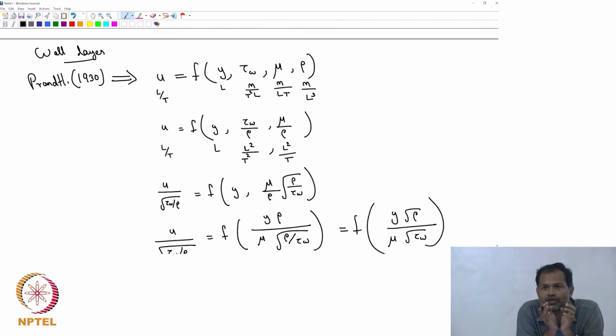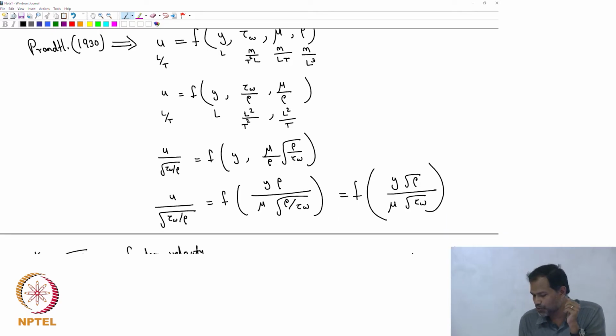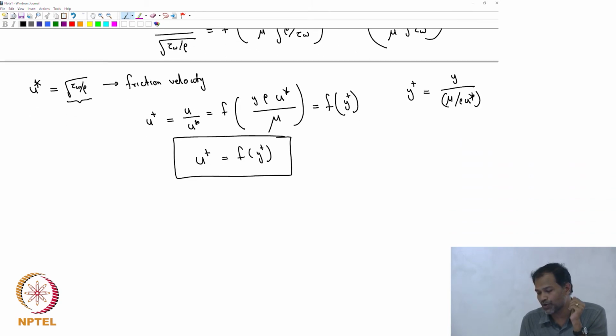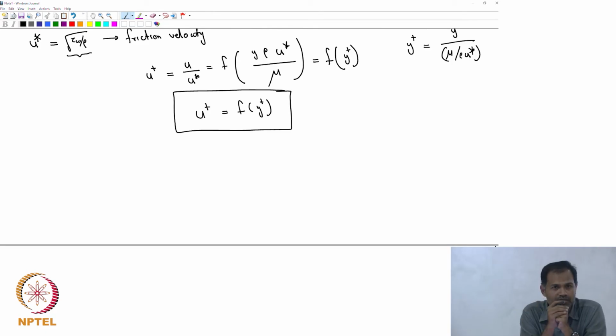We wrote down that equation, and when we write down something like that, the first thing we should do is to non-dimensionalize and reduce the number of variables. We found the non-dimensional form of that function, and that came out to be just u plus is equal to f of y plus, where we do not know what f is at the moment, and u plus and y plus are just 2 non-dimensional variables.